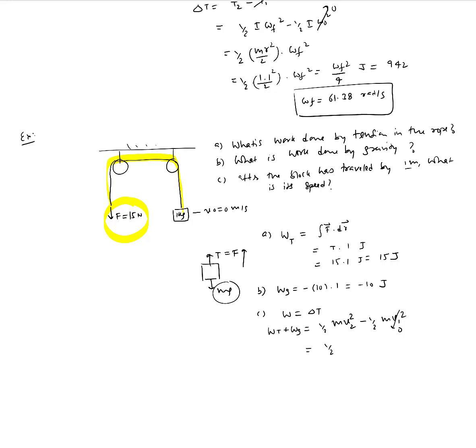So this is 1/2 m, which is 1, times v2 square, and WT is 15, WG is minus 10, so that's 15 minus 10, so 5 equal to 1 over 2 v2 square. So v2 square is equal to 10, so v2 would be equal to what? If you take the square root of 10, what do you get? Square root of 10 is equal to 3.16. It's equal to 3.16 meters per second.